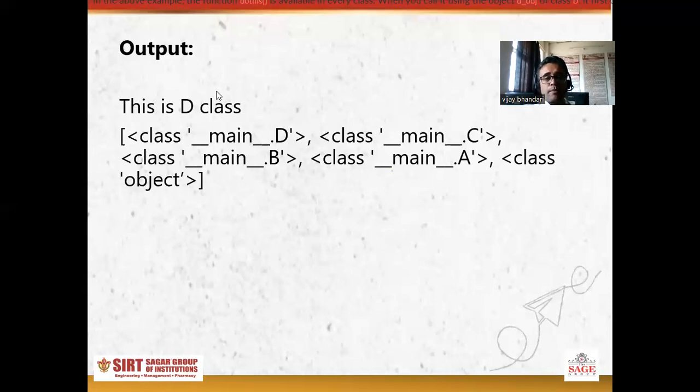And the main goal of MRO is to keep multiple inheritance working, for example parent and child, right?